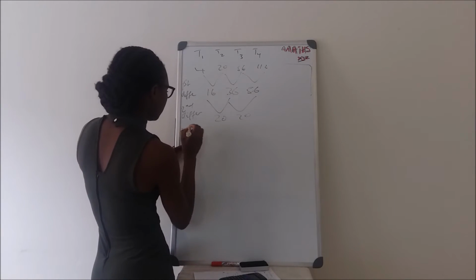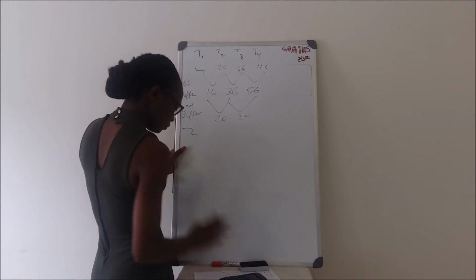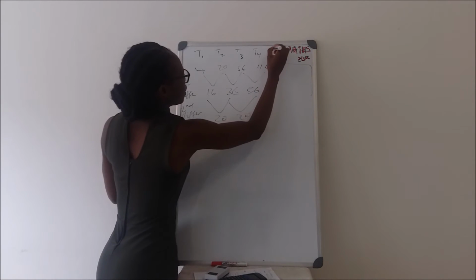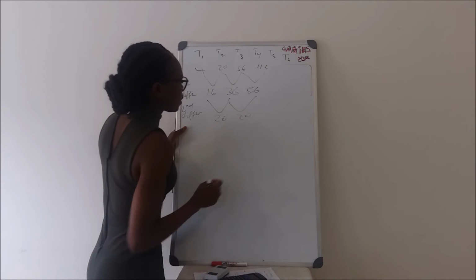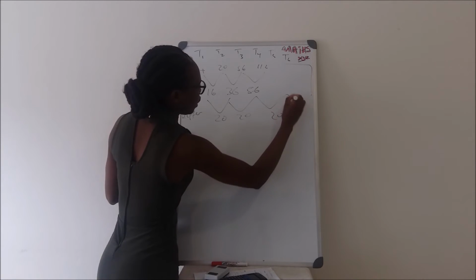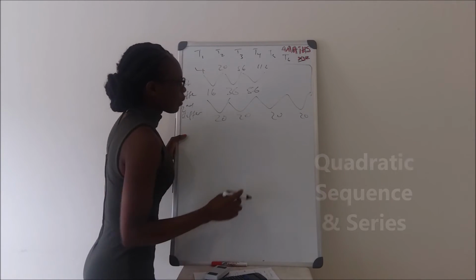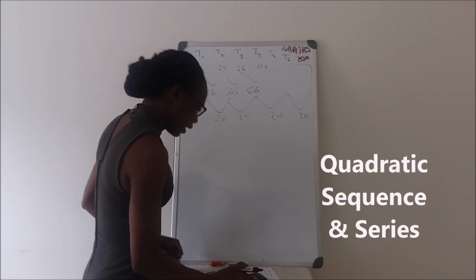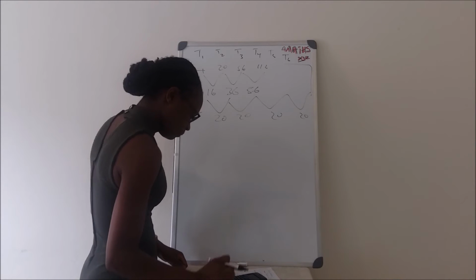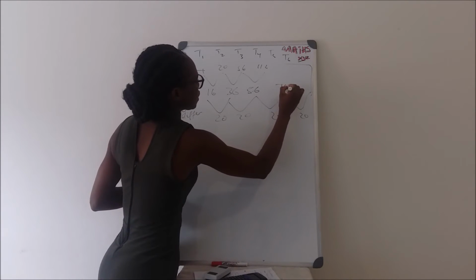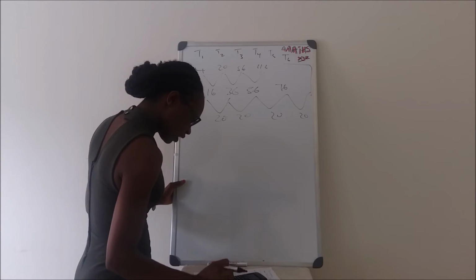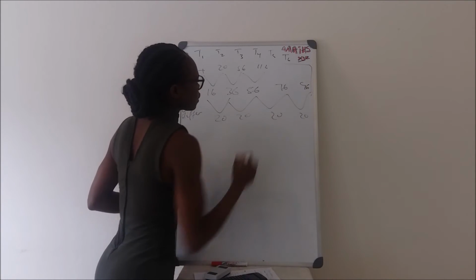The question is to find the next two terms, T5 and T6. We know the second difference should be 20 again here, and 20 again there. So to get the next first difference, it will be 56 plus 20, which is 76. And the next one will be 76 plus 20, which is 96.